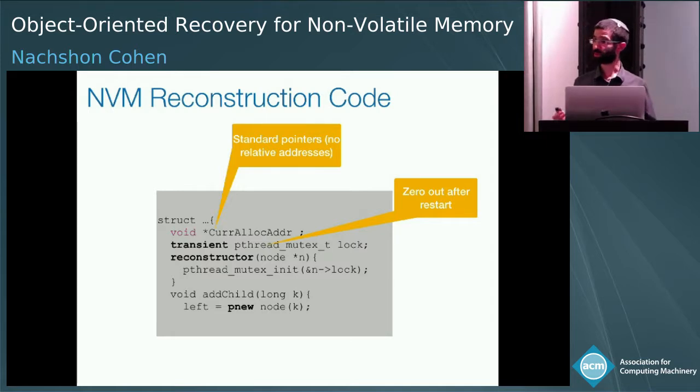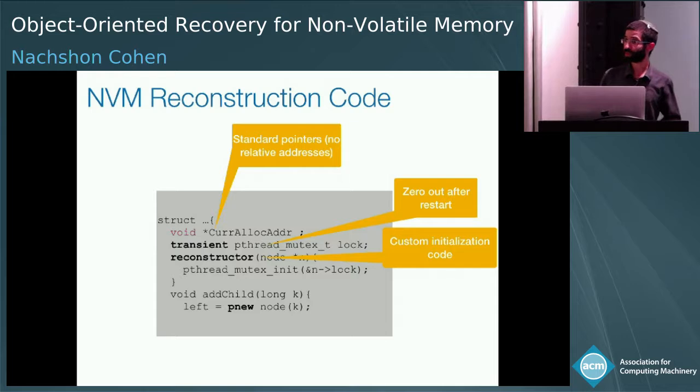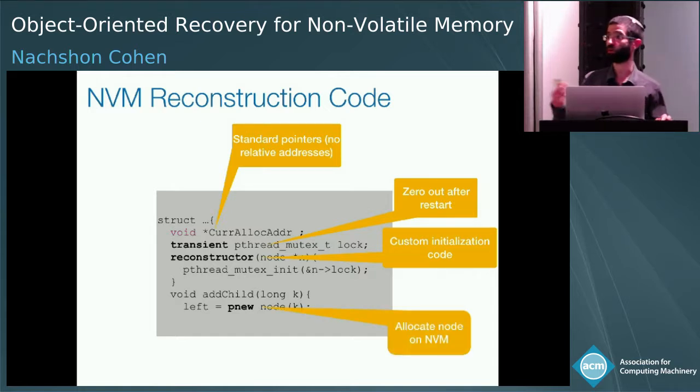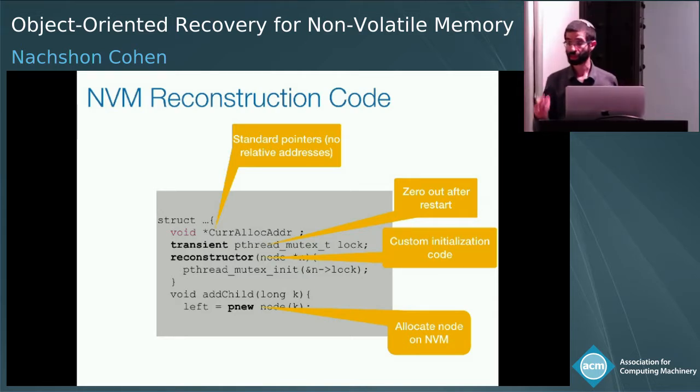If there is a need to do something smarter, it's also possible to use a reconstructor that executes some arbitrary code to, again, make the object well-behaved with respect to the current execution environment. And finally, it also defines pnew and pdelete for allocating and deallocating memory on the non-volatile memory.